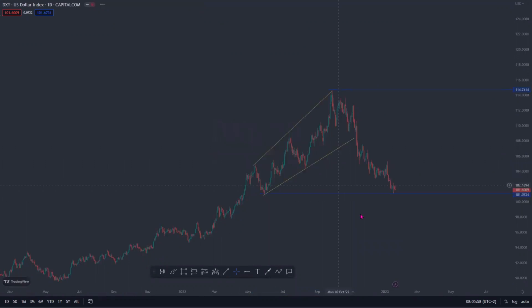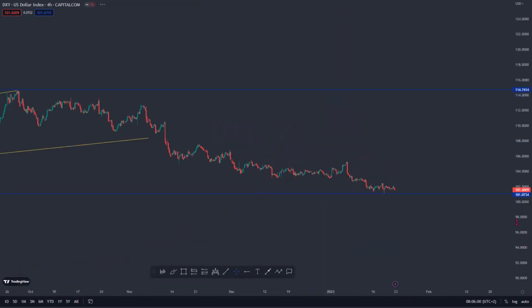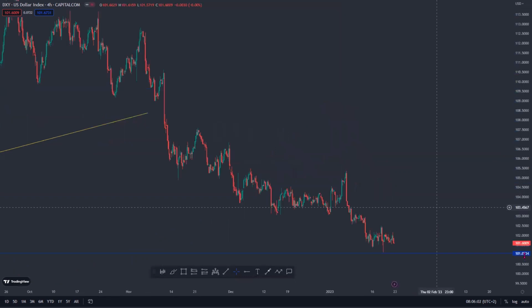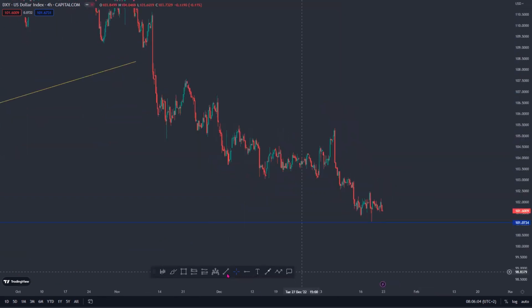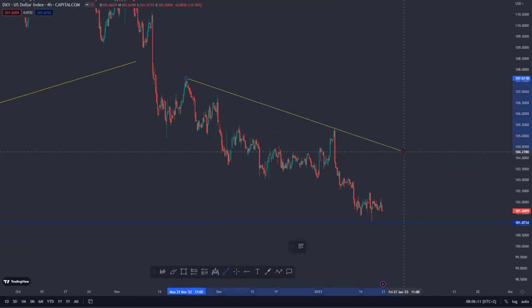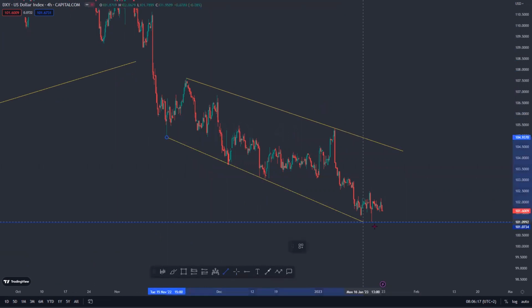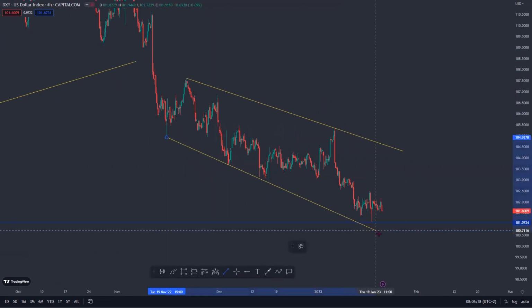On the 4 hour time frame, let's see what we can find. And remember, you don't have to force anything when you draw your trend lines. You have to keep it simple. The simpler your chart looks, the less confused you are going to be.